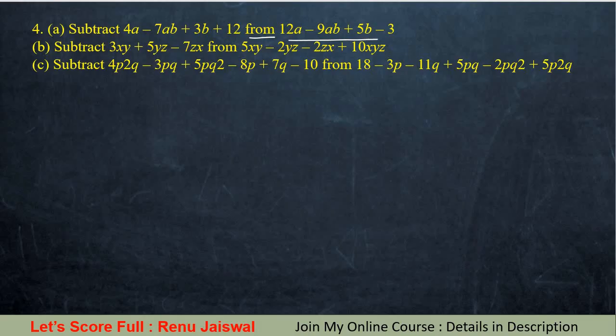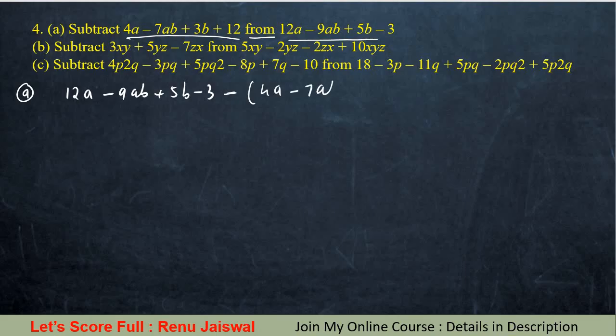It says subtract this from this, which means I'll need to write 12A minus 9AB plus 5B minus 3 first. As it is subtraction, put a minus sign. And I need to subtract these terms, so write that in bracket: 4A minus 7AB plus 3B plus 12.